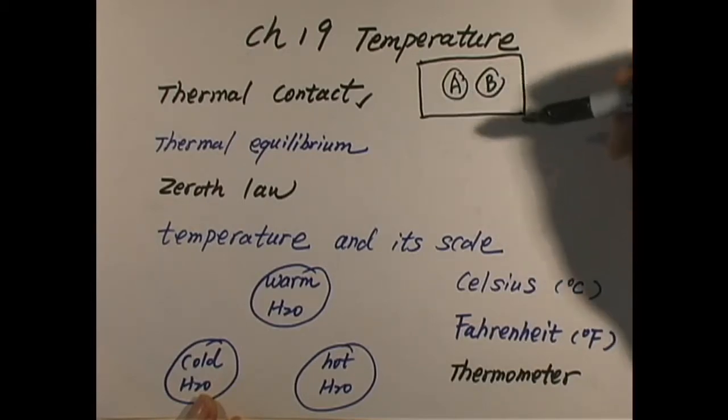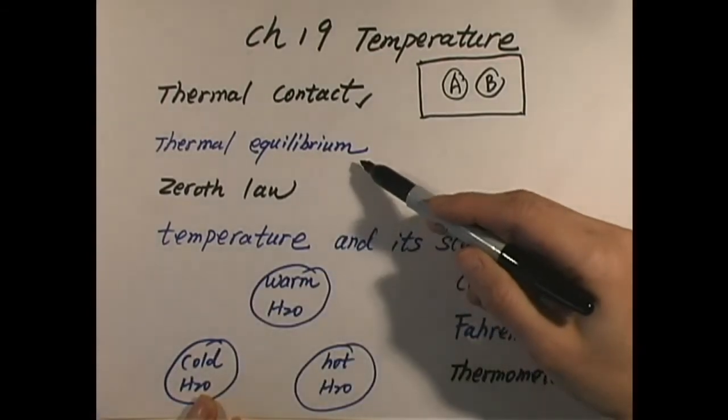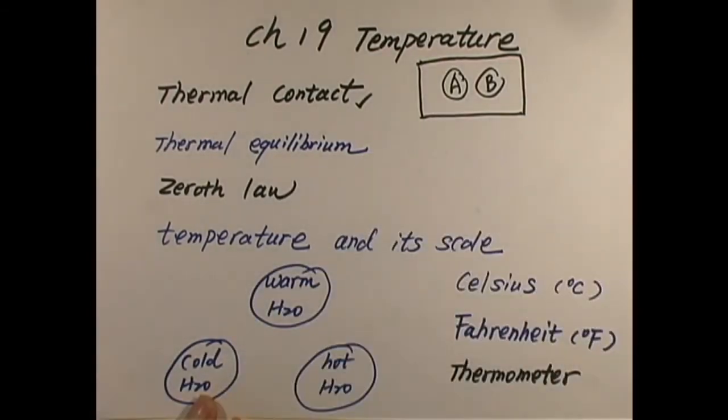thermal contact. Now second, we have to understand what is called thermal equilibrium. Thermal equilibrium is a situation in which two objects would not exchange energy by heat or electromagnetic radiation if they were placed in thermal contact.